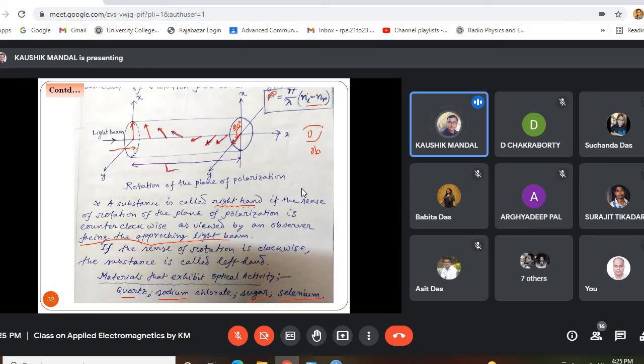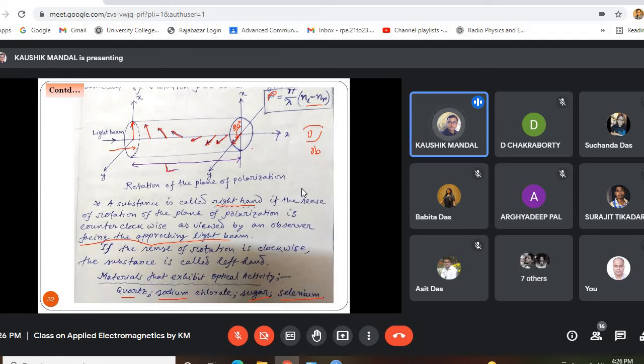So these are the refractive indices at two different ends. In case of optical media, that is the general case. Optical activity means we are considering the rotation of the plane of polarization when light passes through the corresponding media. So we can measure it in terms of degree per unit length.